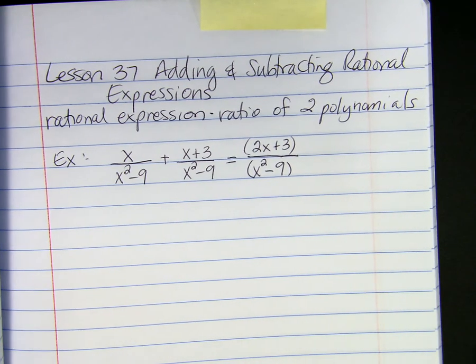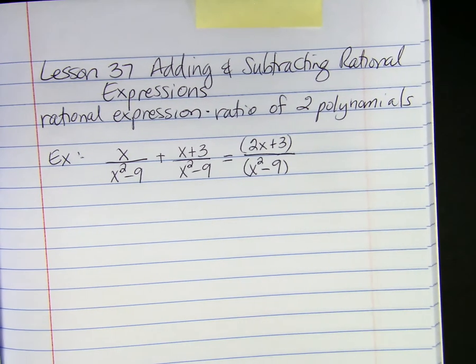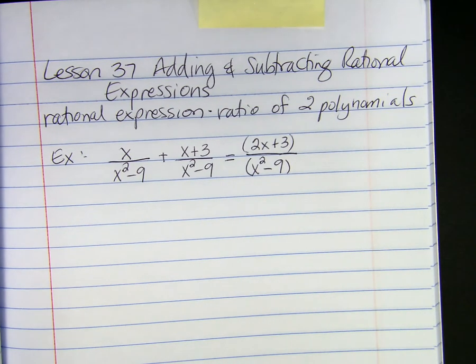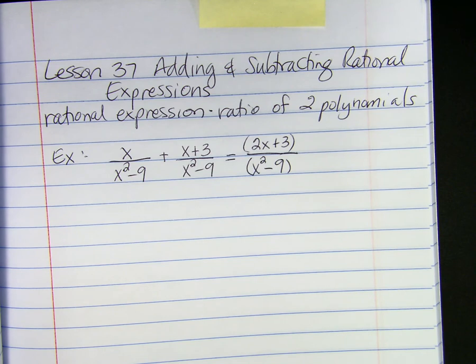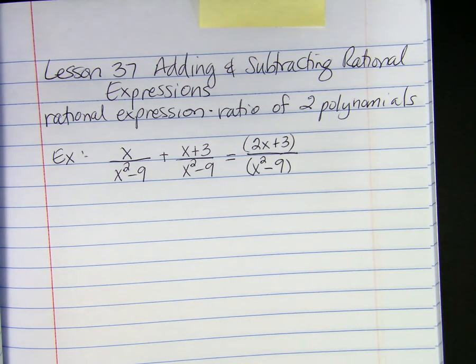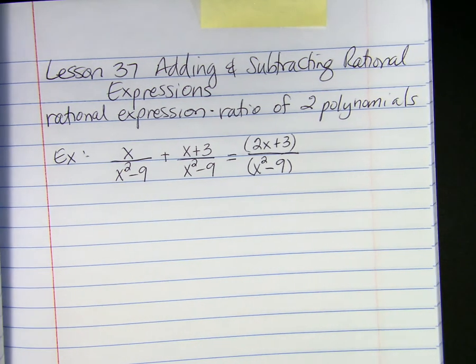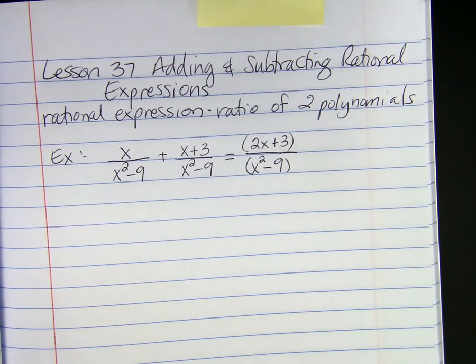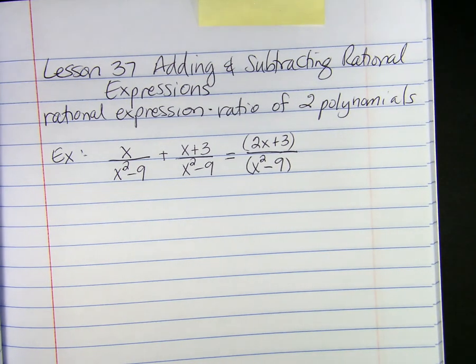Second, with two different denominators, like if you had x squared minus 9 and then 3x plus 2, and you were adding, wouldn't you put x squared minus 9 in parentheses plus and then that, right?